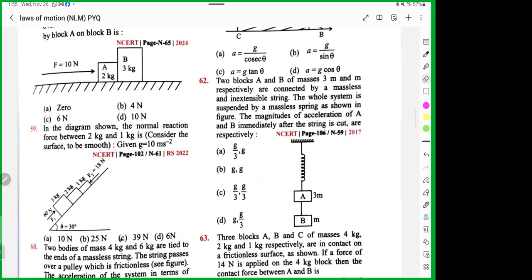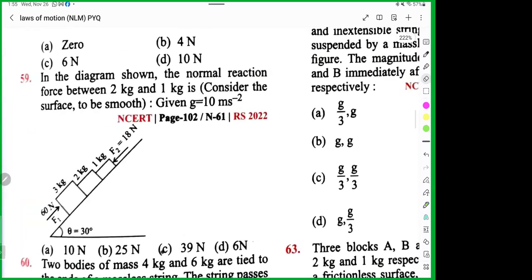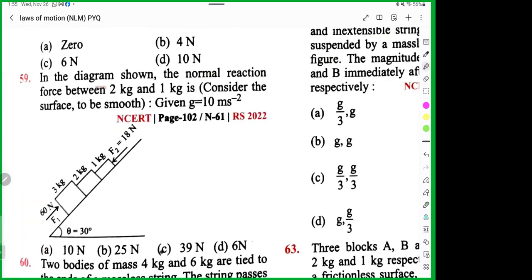देखो ये सेम सिचुएशन है, but you took it in the sliding way, and when you take it in the sliding way, then you consider the angle. In this situation, diagram, normal reaction between 2 kg and 1 kg, considering the surface is smooth. So what is happening in this situation?